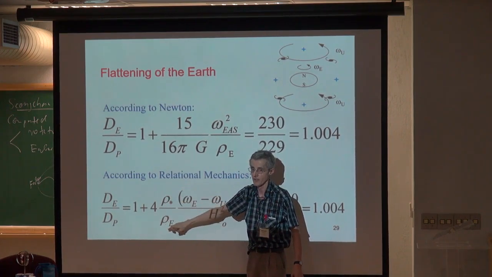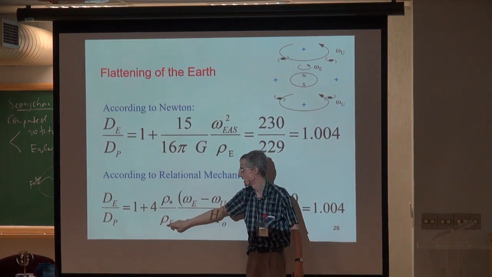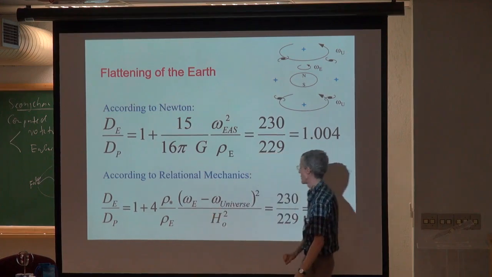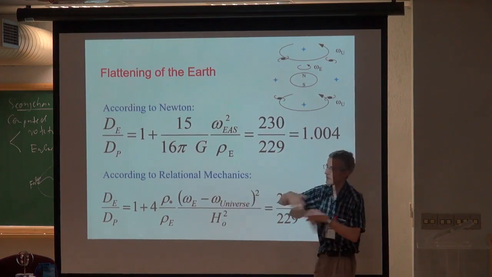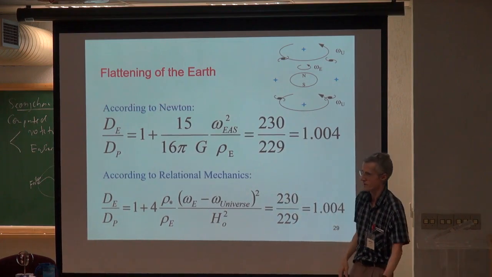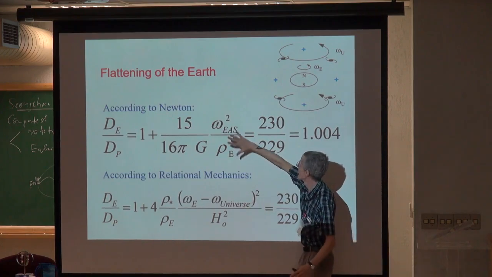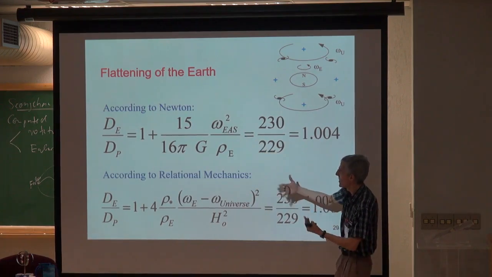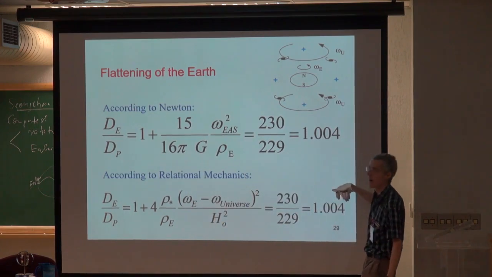The mean density of the Earth, 5.5 times the density of water, comes here in the denominator. And here is Hubble's constant, which is related with Hubble's radius. Okay? So the results are here and here, they are different. But when we plug in the values of these constants, we obtain the same amount of flattening.